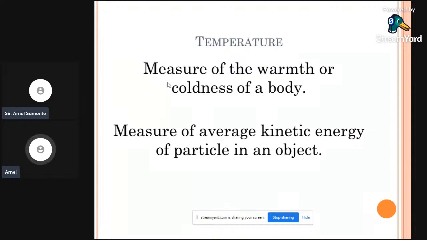Kinetic energy is related to movement, therefore the faster the movement of the particles in an object, the higher the temperature will be. Kung mababa naman ang kanyang temperature, ibig sabihin mabagal or hindi gumagalaw yung particle sa isang object.